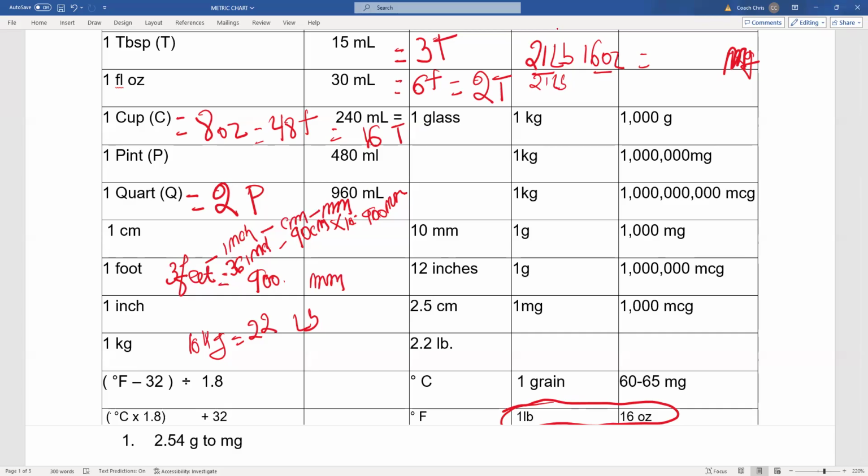It gotta come from your brain. So we know 1 pound equals 16 ounces. So 16 ounces gives you 1 pound. So I'm gonna add to this 21 pounds the 1 pound that comes from 16 ounces. Now the total I have is 22 pounds. So pound to kilogram, I have to divide that by 2.2. So when I divide the 22 pounds by 2.2, now I have 10 kilograms.